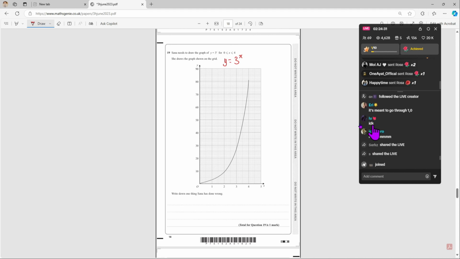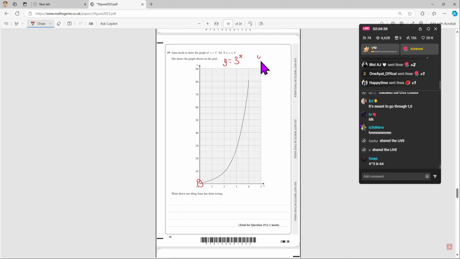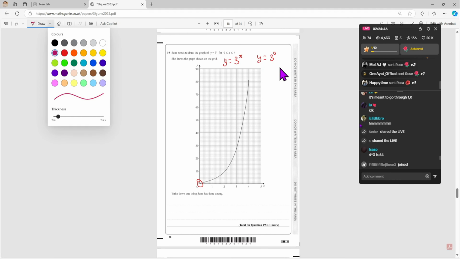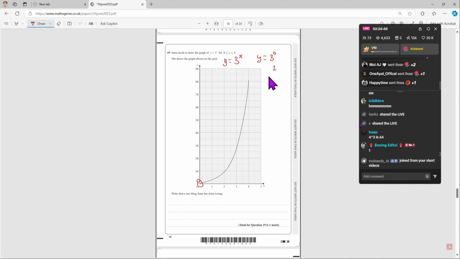As you know, if x is 0, then y is equal to 3 to the power of 0. Whenever there's a number to the power of 0, you always get 1, right? So the coordinates for the first value are going to be 0, 1. It has to be 0 and then 1.